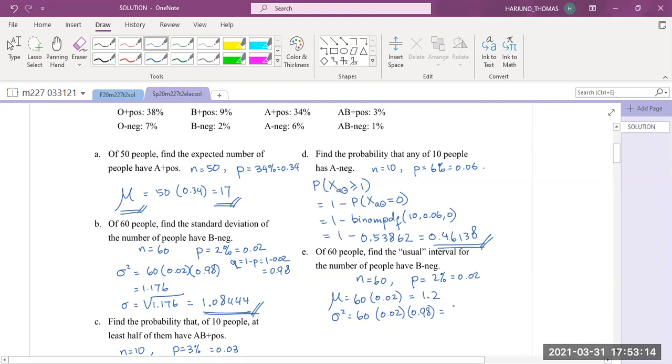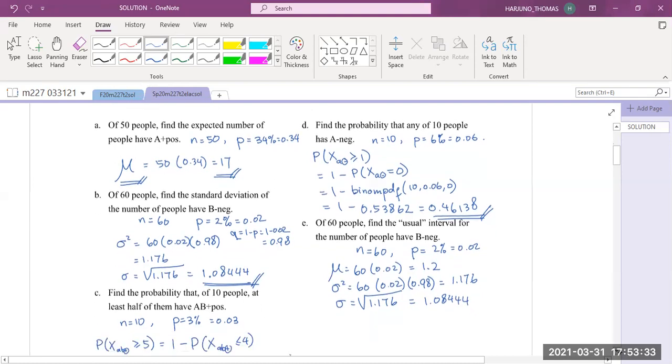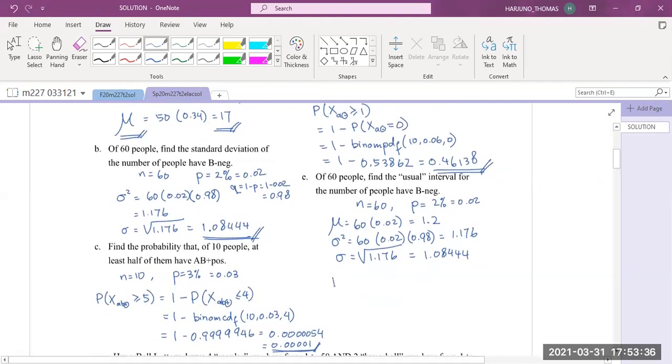That's 1.176. So the standard deviation will be the square root of 1.176, which is 1.08444. Now the lower fence and upper fence: that's 1.2 minus 2 times 1.08444.